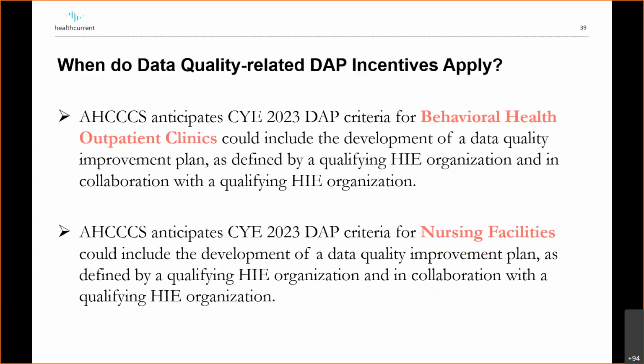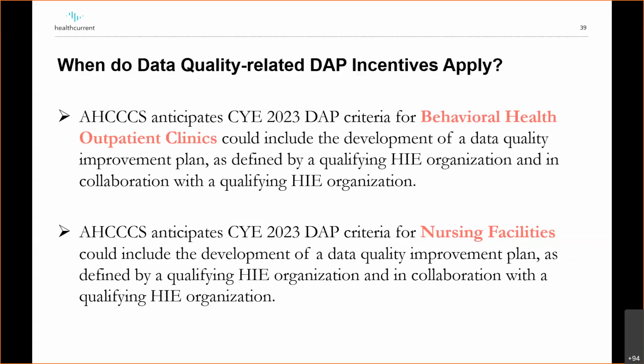For behavioral health outpatient clinics, this year we are focusing on the actual submission of data. So it would be CYE 2023 when we would include a data quality improvement plan and start looking at creating data quality profiles. And it wouldn't be until CYE 2024 when the incentives are actually paid on meeting the data quality improvements.